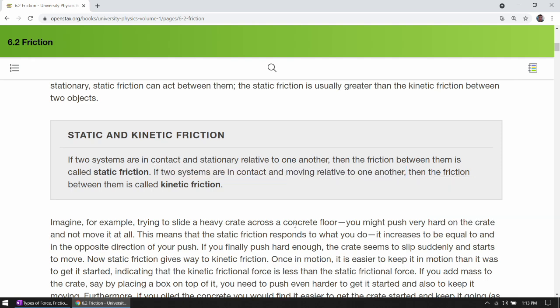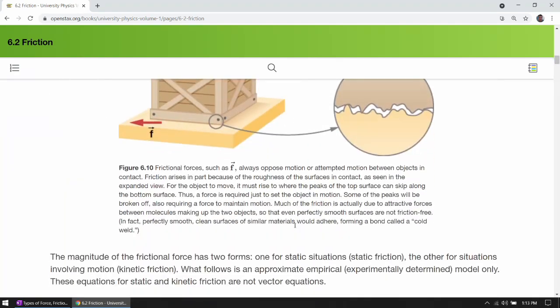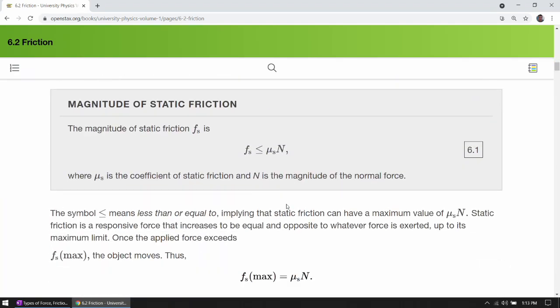For static friction, this is the mathematical expression. And I want you to note that this is an inequality. What this tells you is the maximum possible amount of static friction force. But the actual static friction force in any given situation can be less. That's what this less than means.